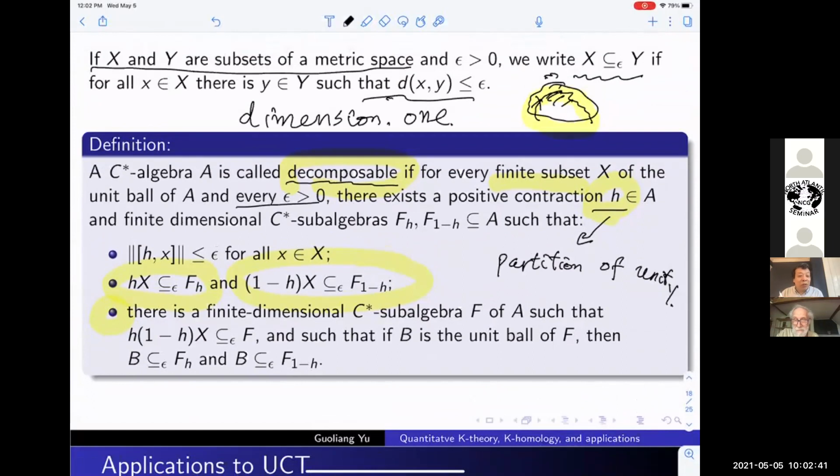You essentially reduce everything to something finite dimensional, and we know things are true in finite dimensions. So it's a very simple idea.